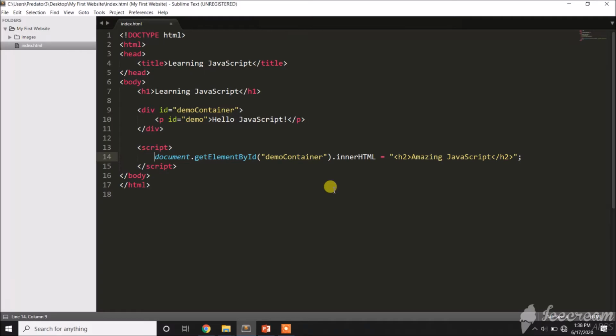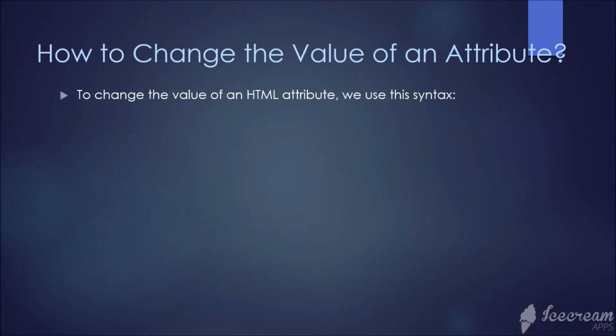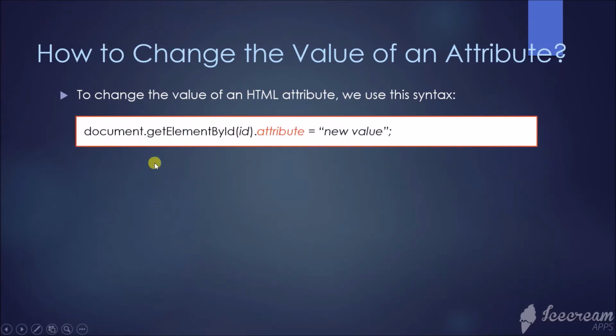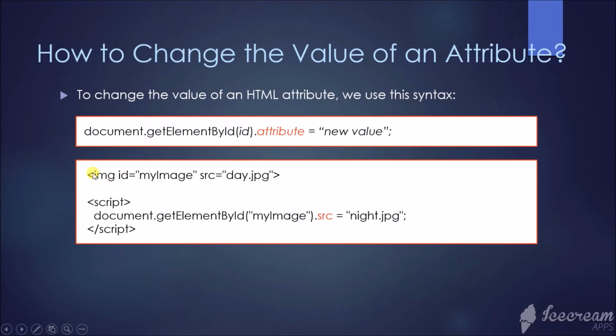Okay? Okay, so the next thing is how to change the value of an attribute. To change the value of an HTML attribute, we can use this syntax. Okay, so document.getElementById, then yung attribute niya, then of course, the value na gusto mong iset. Then we have here yung sample natin. So we manipulate yung attribute ng isang image.